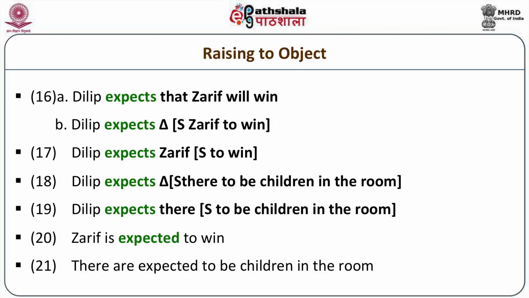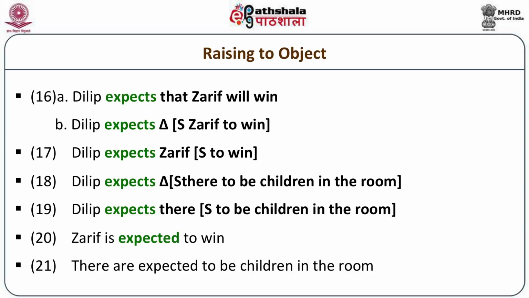As you can see, if it moves upstairs, the only place it can go is the position of the object of expect. In order for it to be able to go to that position, there has to be in the deep structure a place waiting for it to come and occupy the place. You need a placeholder. So we arrange for there to be a Greek capital delta, a dummy, in the object position of expects.